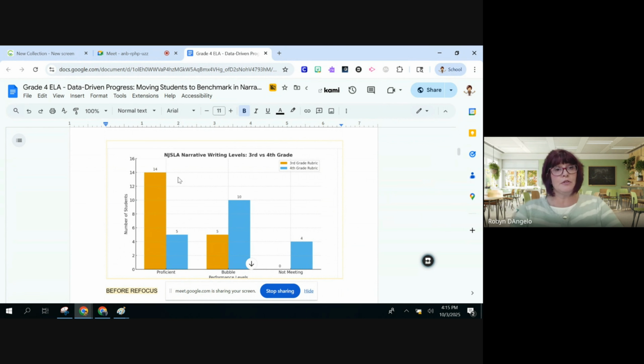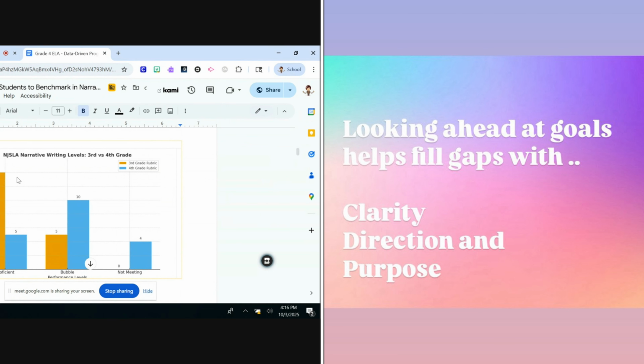Right. But for me as a teacher, I like to kind of work backwards and know where they have to be and where they need to go from where they start. Right. And again, because I haven't taught fourth grade in a few years, I also want to know the end result and goal of where they need to be in fourth grade. Okay.